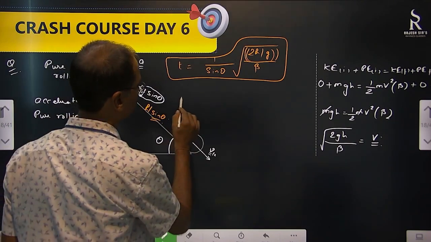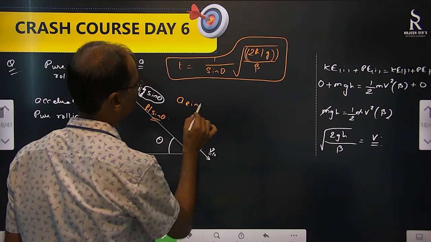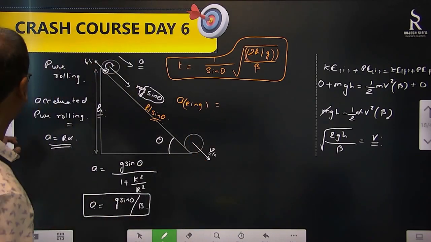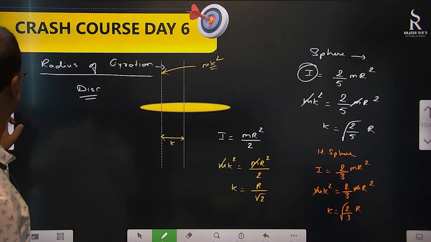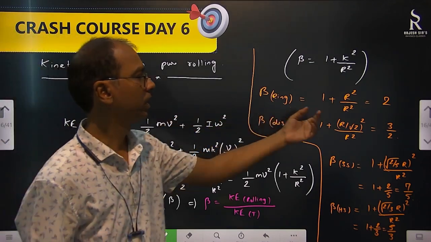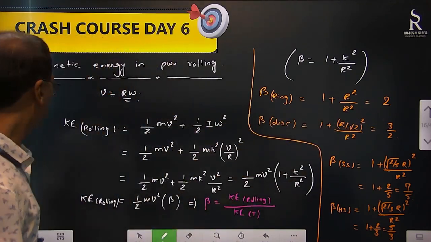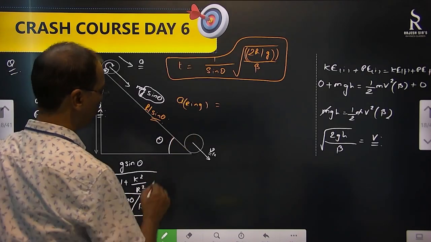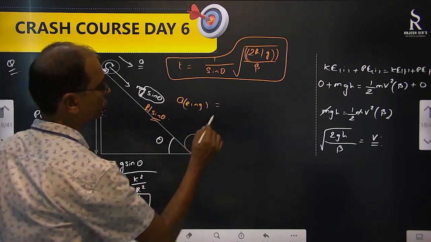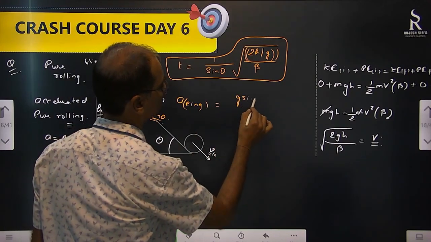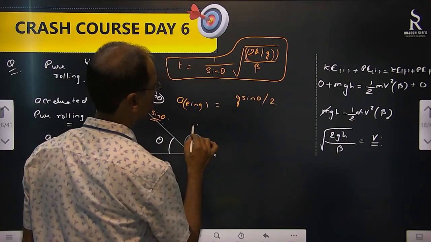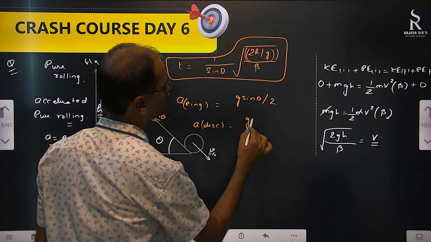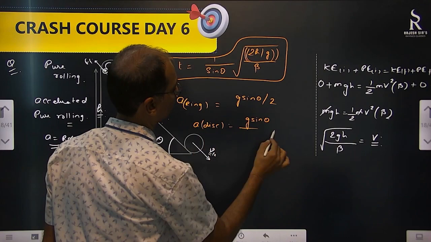So acceleration first. If it's a ring, what is the beta value? We calculated: for a ring, beta is 2. So acceleration of ring is g sin theta by 2. For a disk, its value is 3 by 2, so 2g sin theta by 3.